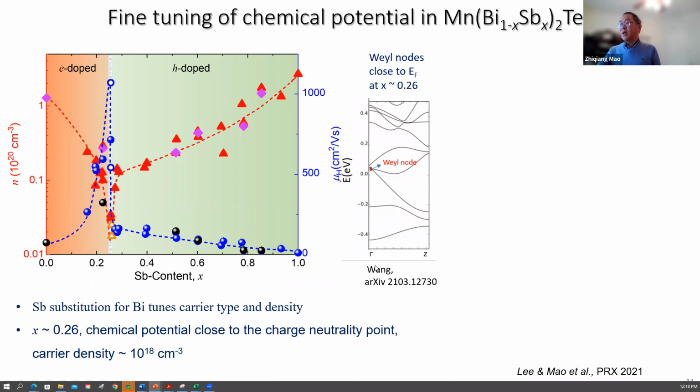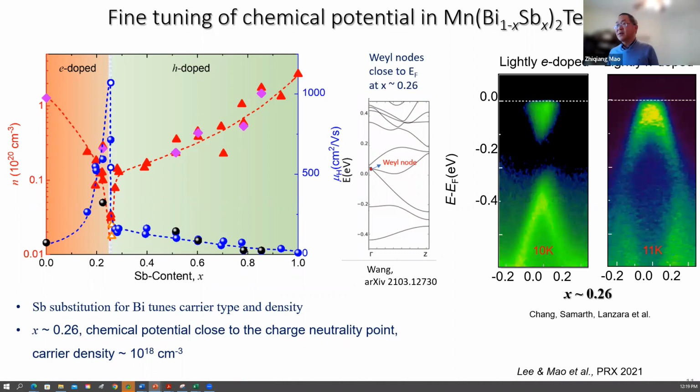Our theory collaborator Yuanxi Wang did the calculation. His calculation suggested that around 26% antimony, the Weyl nodes are supposed to be close to the Fermi level in the ferromagnetic phase. So we indeed observed transport evidence in samples close to this concentration, 26% antimony.